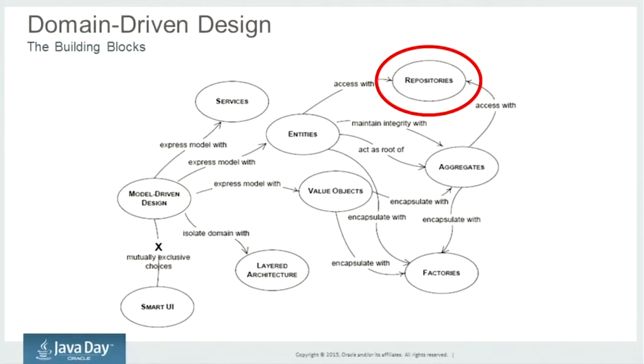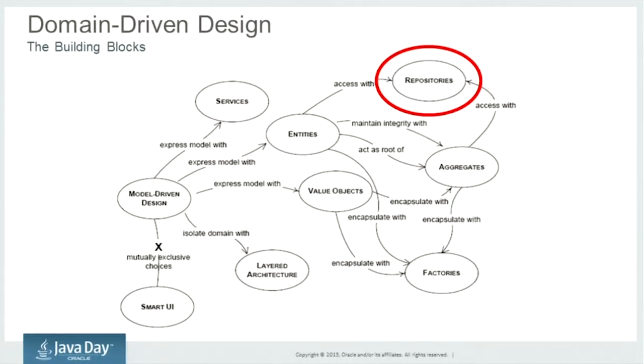So when you restart applications, that application state needs to survive the restart. So the way this is generally done is that entities and value objects are saved onto, let's say, a relational database.